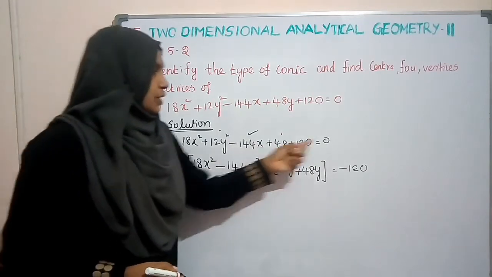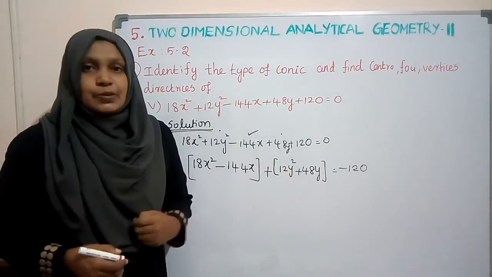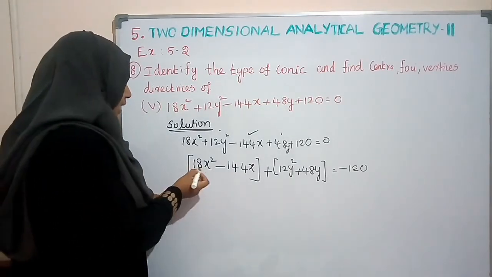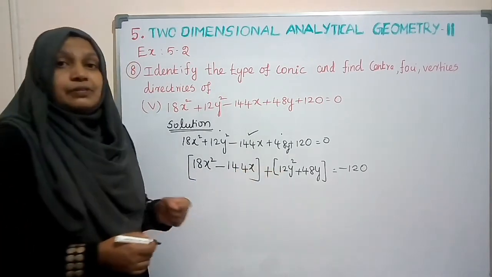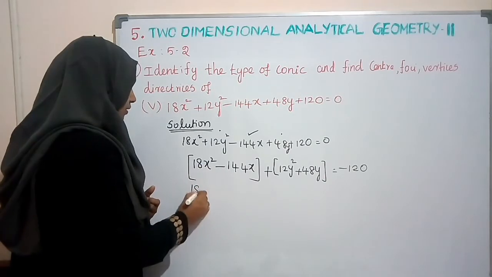After taking this 120 to the right side, we can make these two terms perfect squares. Before making them perfect squares, we have to make the x square coefficient and y square coefficient 1. For that we can take 18 outside.